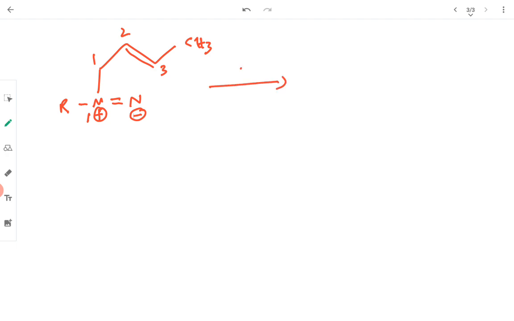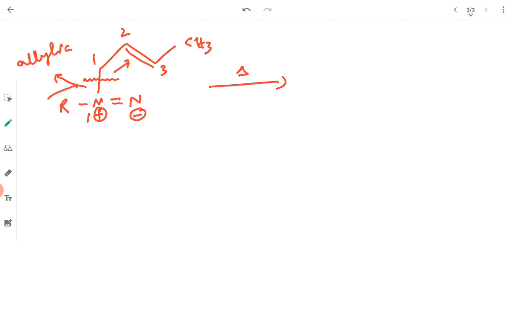So what happens during this reaction: this bond which is allylic to this carbon-carbon double bond, this is the allylic bond which breaks.